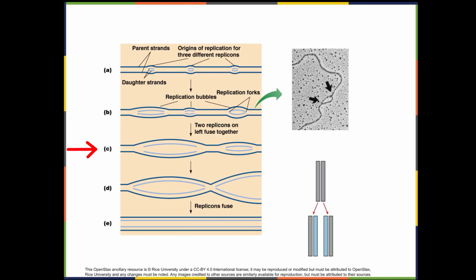At C, we can see that 2 of the replication bubbles have fused. At D, we can see that the replication bubbles have grown. And finally at E, all of the replication bubbles have fused, and now we have 2 separate copies of the same genetic information. The different shades in the lines at letter E are drawn that way to help illustrate the fact that this is a semi-conservative process. Just like those gray bars on the right, each copy contains one strand from the original strand of DNA.